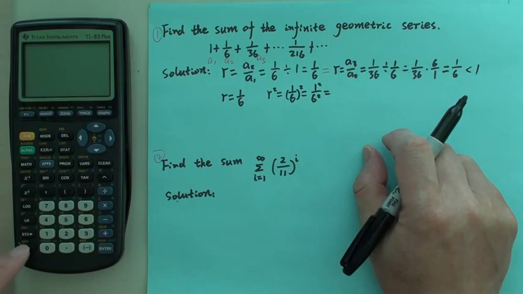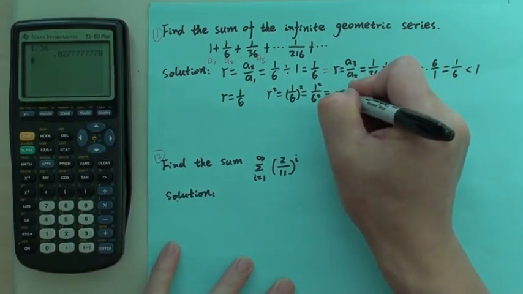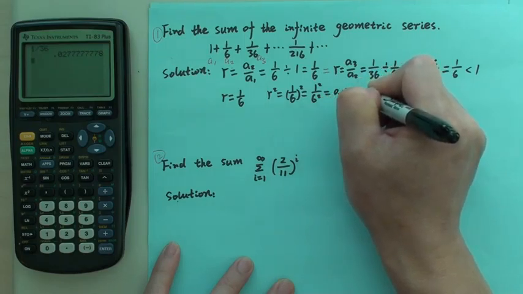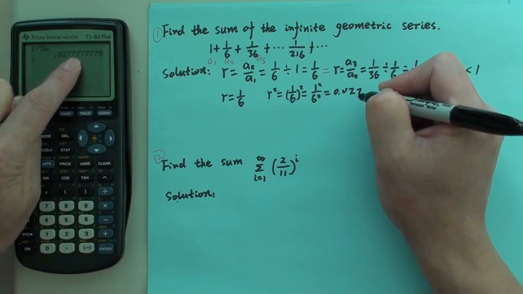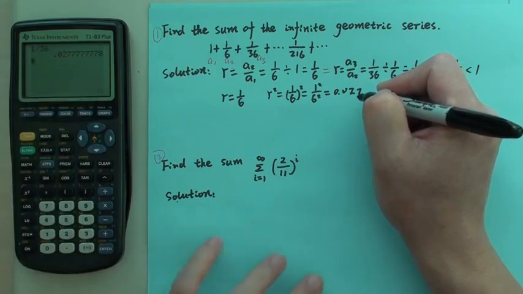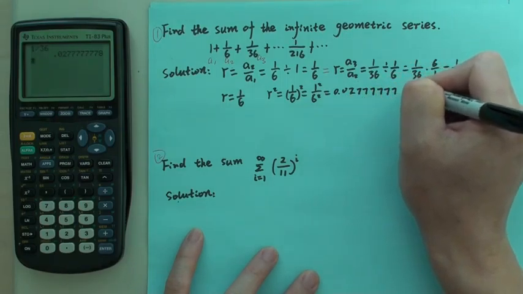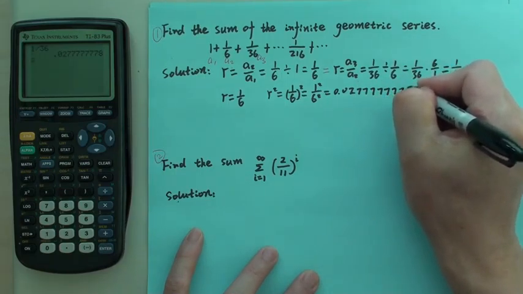I want you to calculate the decimal number. 1 divided by 36 is 0.027, with a string of sevens, 1, 2, 3, 4, 5, 6, we need one more, and then 8.